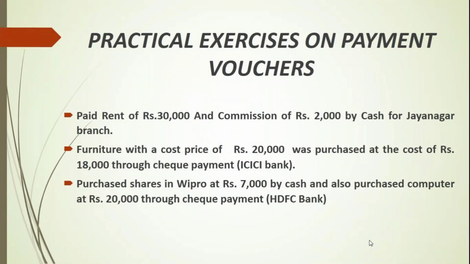Now there is a next entry: purchase shares in Wipro by cash and purchase computer by check of HDFC Bank. Now here two assets are being purchased. One is shares in Wipro and second is computer. So how would we pass the entry for the same?